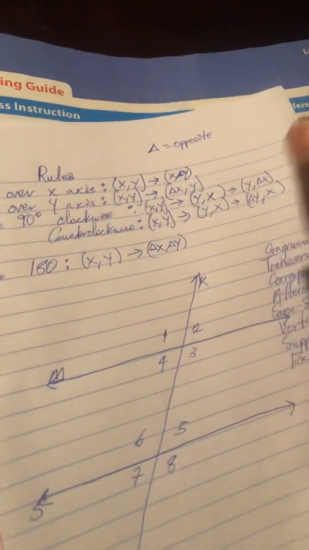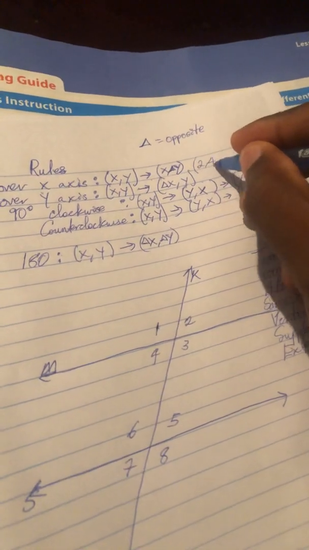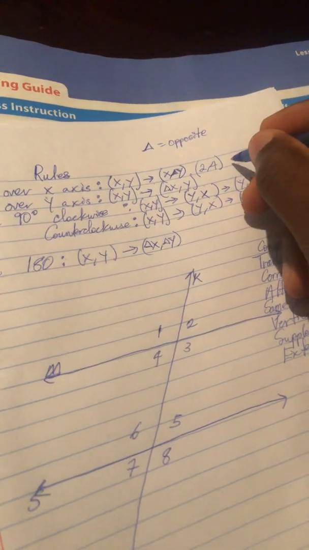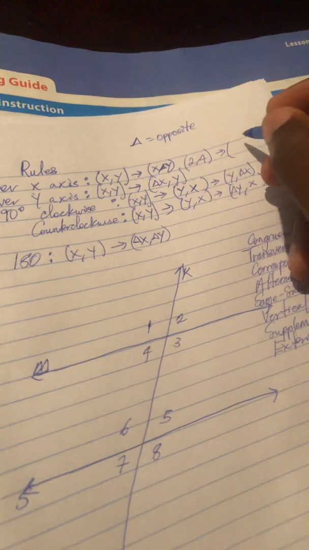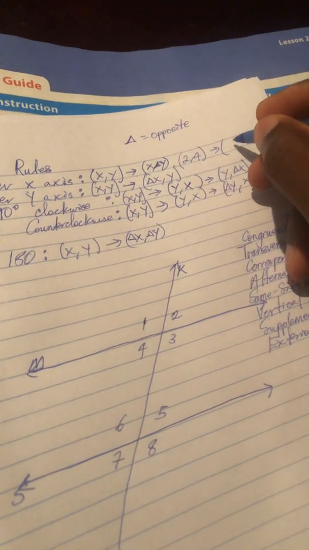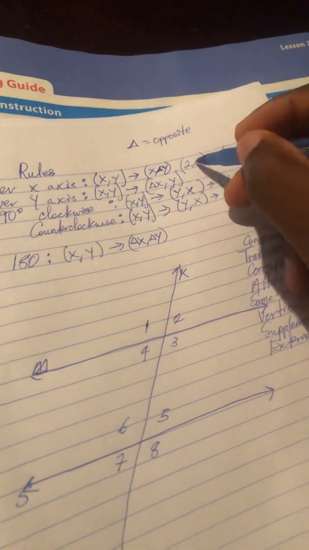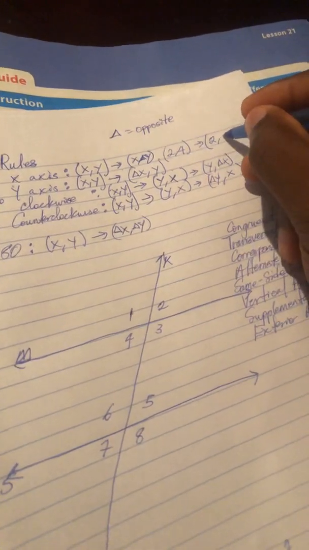So let me show you what that looks like. So let's say my original coordinates were 2, 4. And if I'm reflecting that point over the x-axis, I'm going to keep my x coordinate the same. So my x coordinate is going to be 2. But my y coordinate is going to become opposite. So instead of positive 4, it's going to be negative 4.